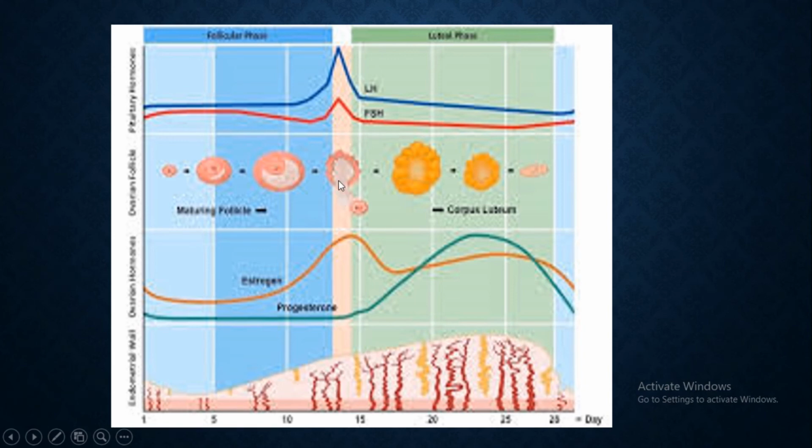Okay? Just after the Graafian follicle ruptures, and this day marks the day of ovulation, the follicular cells change into the corpus luteum, and the corpus luteum, if no fertilization has taken place, will start regressing until it becomes the corpus albicans. Meanwhile, at the level of the endometrium, the lining completes development.